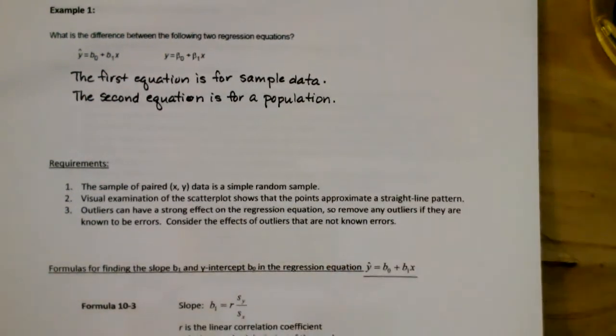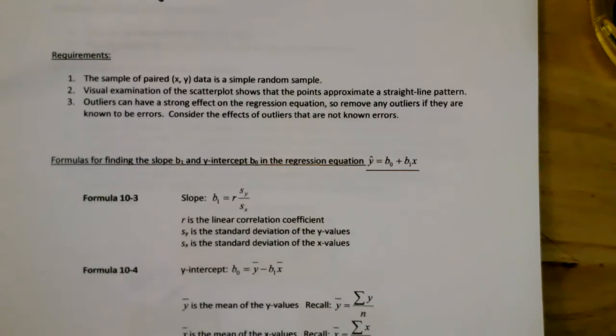All right, now there's some requirements that we need to be familiar with. One, a sample of paired XY data is a simple random sample, meaning that samples of the same size have an equal chance of being selected. Number two, visual examination of the scatter plot shows that the points approximate a straight line pattern.